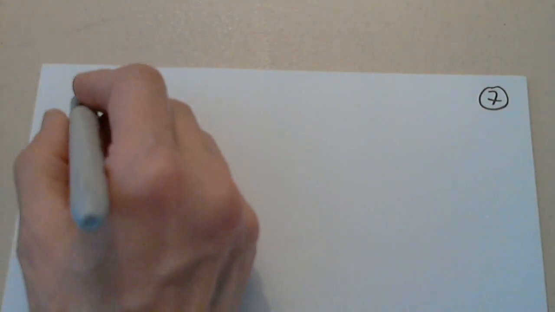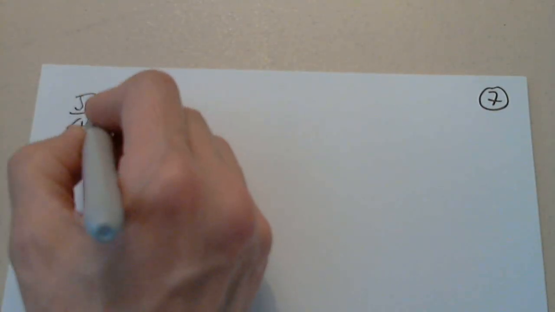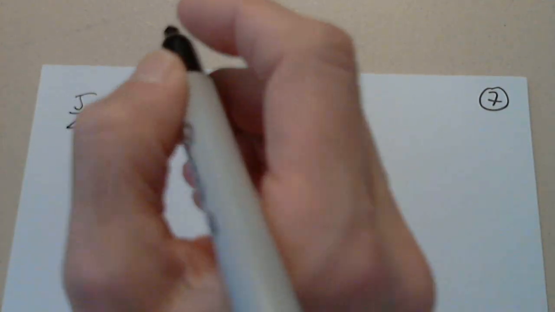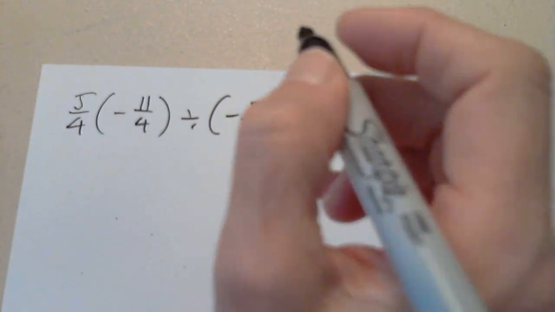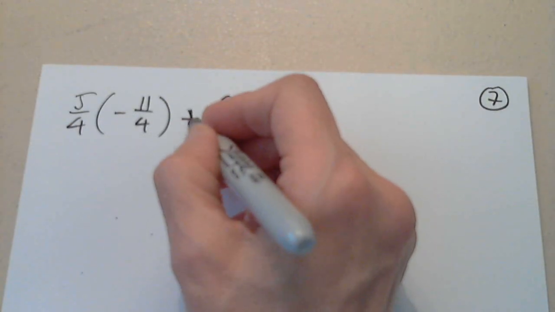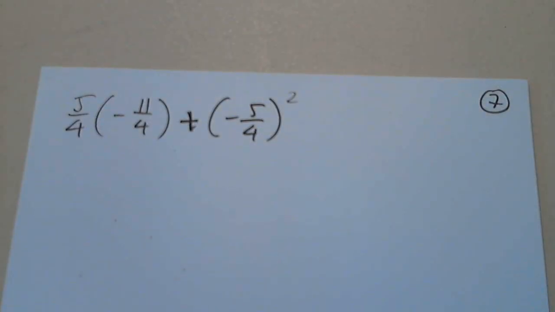So in 7 we have 5/4 times negative 11/4 plus negative 5/4 squared, and this is positive. Yes, we need to work on this. Good.